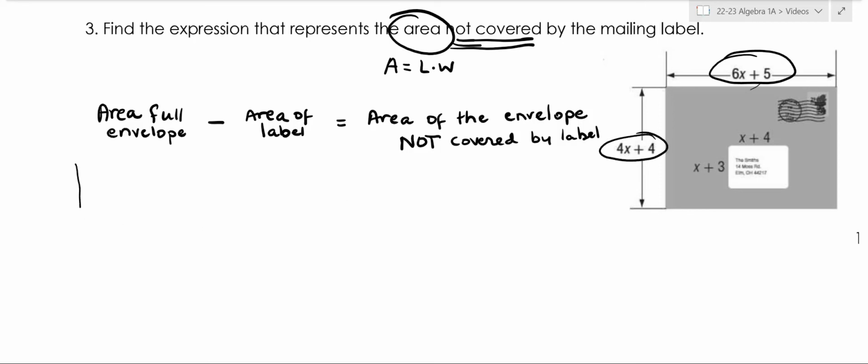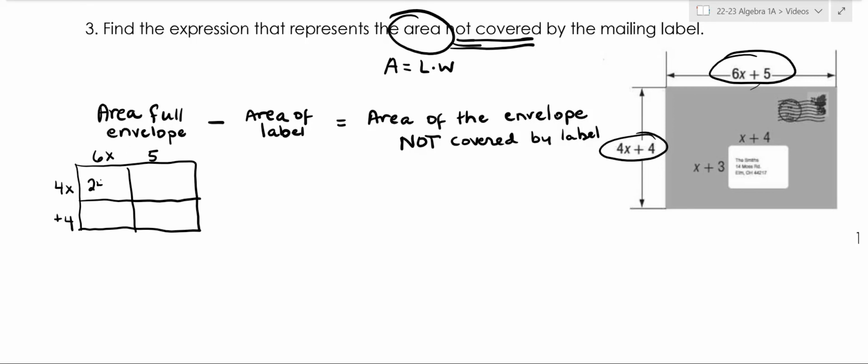Here we go. It's going to be a 2 by 2. All right, it's going to be 4x plus 4 and 6x plus 5. So now multiplying, we're assuming we're good at this. 4x times 6x is going to be 24x squared. Remember, we're multiplying. The 4x times the 5 is going to be 20x.